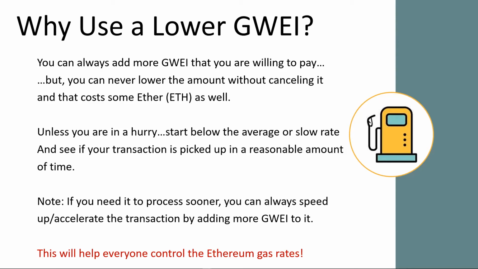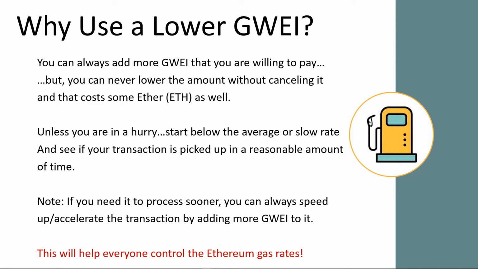So if you happen to put a transaction in while the average is around 150 GUI, but all day long, people have been getting transactions processed around 100, there may be a number of transactions that came in recently that drove the price up to 150 GUI. And if you don't know better, you might click on average and say, okay, I guess I have to pay 150 GUI.